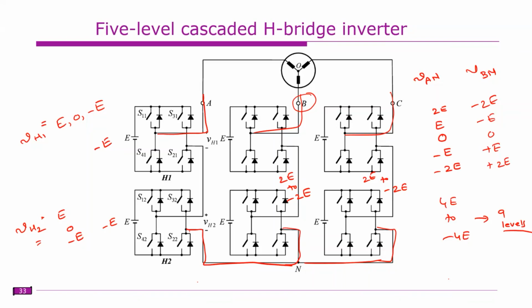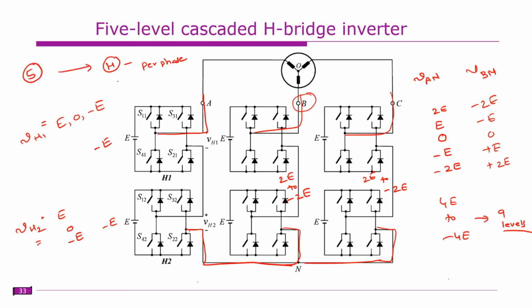For example, if you have two bridges per phase, you are getting 5 levels, right?